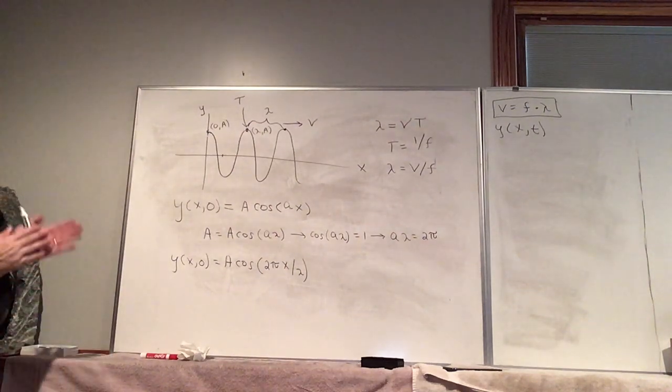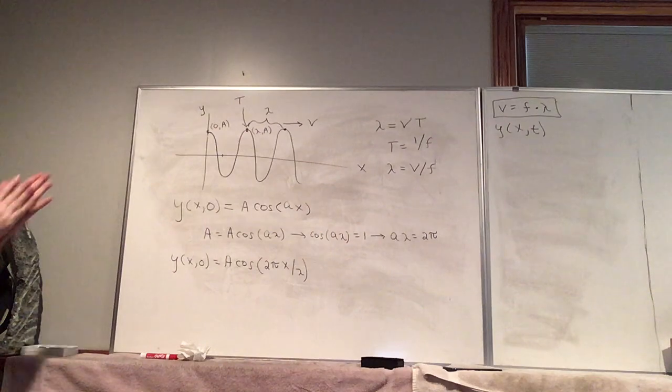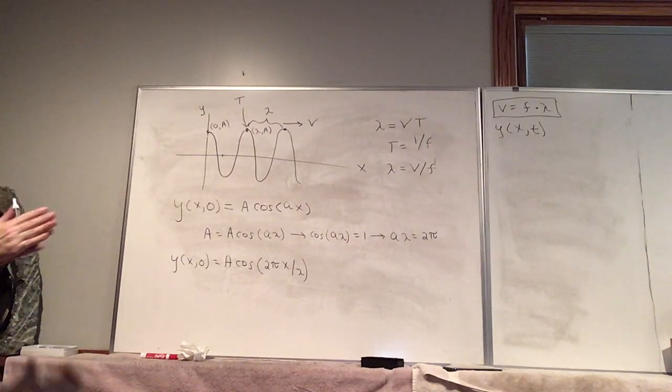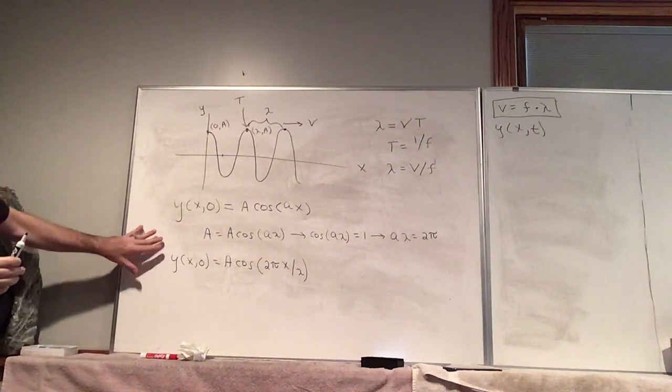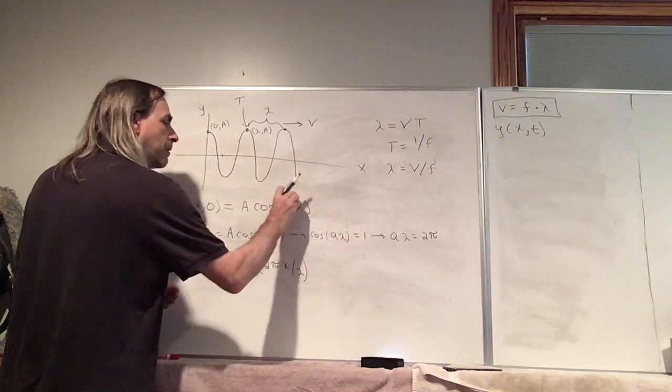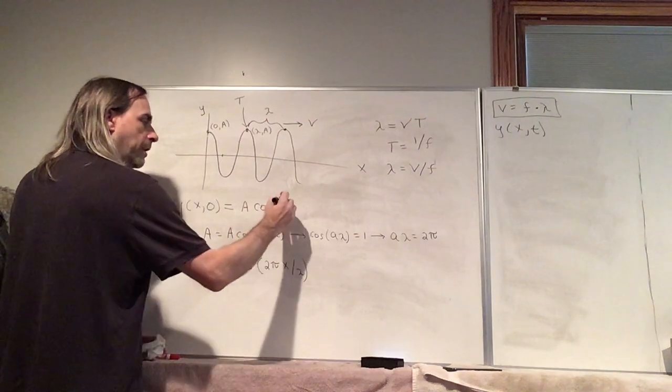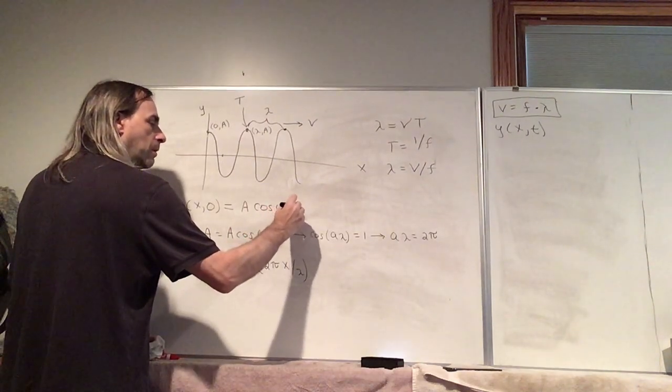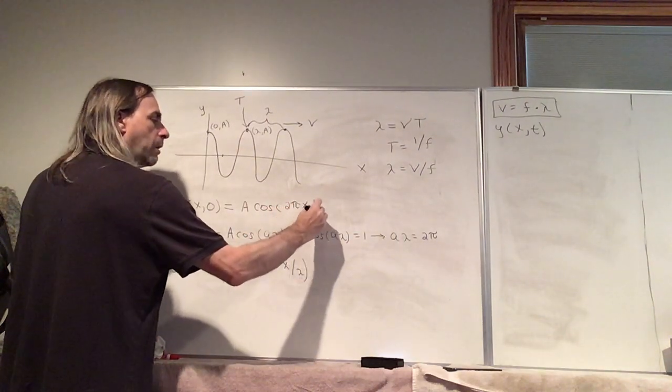Okay, so the last step I want to do is take the time dependence into account. Now I might need some room here, so what I'm going to do is erase these bottom two lines, and let's just do this. We'll put the result here.